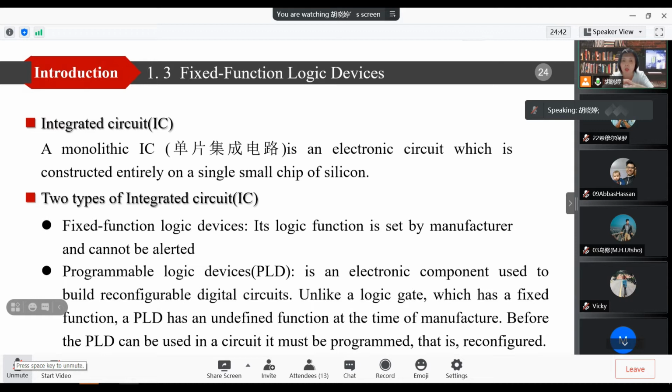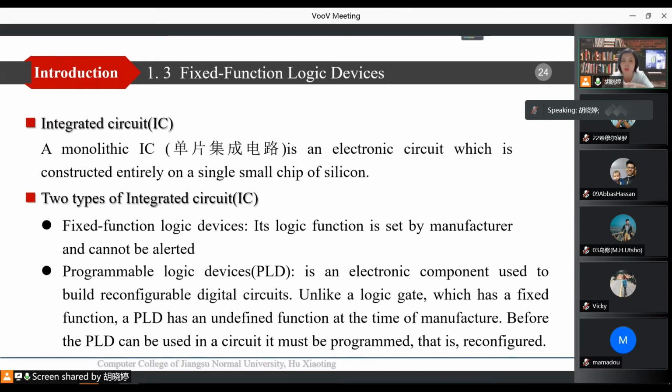So usually IC will be divided into two kinds. One is the fixed function logic device. For this kind of IC, its logical function is fixed, and that fixed function is set by the manufacturer, and the user cannot alter its function.